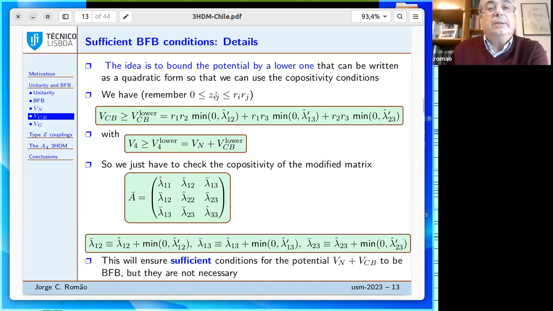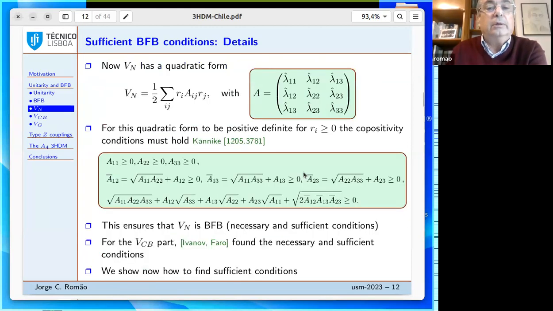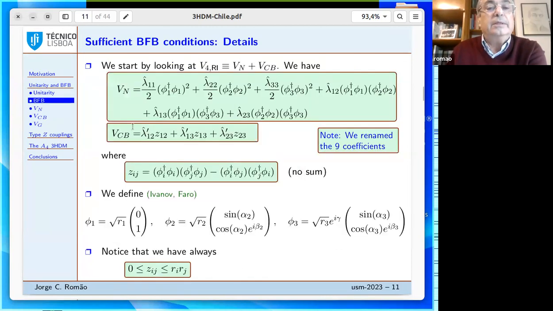If you remember that these Zij are bounded, you can say that the VCB is bigger or equal to some lower bound, which is the product of R1, R2, and so on, with the minimum between 0 and these coefficients that were in this expression.